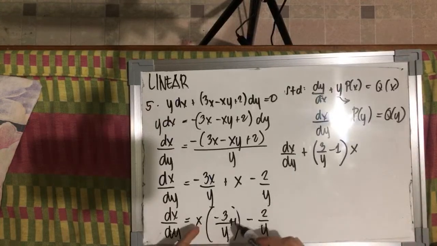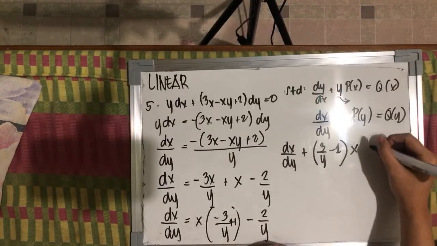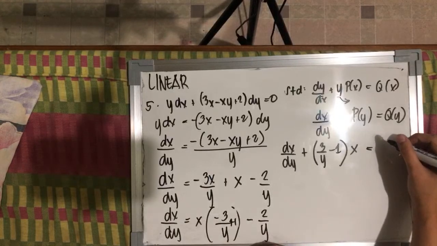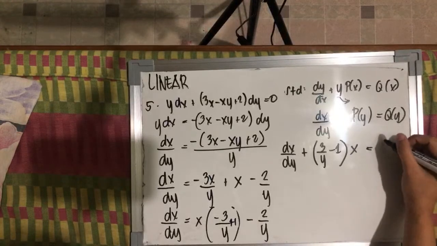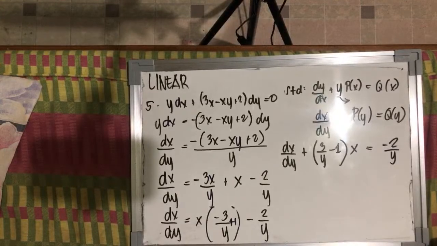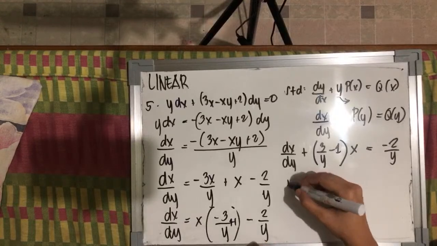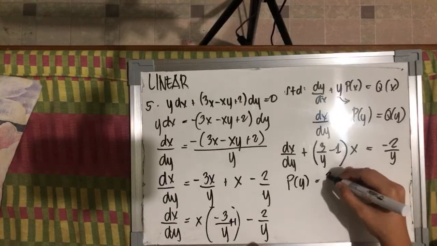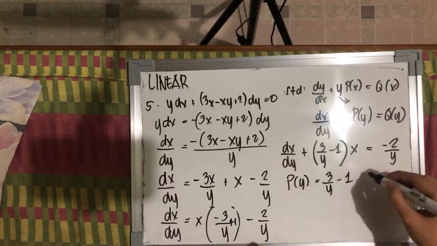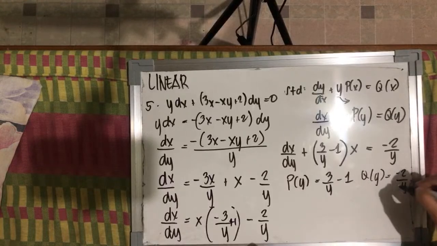Kasi transpose ko siya kaya mag-iiba yung sign. Is equal to negative 2 over y. So, ang p of y na natin dito is 3 over y minus 1. And ang q of y mo is negative 2 over y.